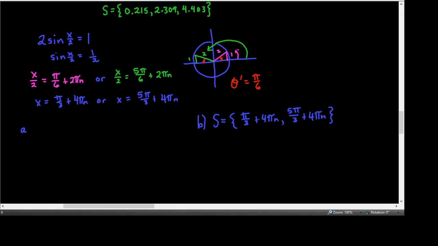Okay, so for part A, to get all the answers between 0 and 2 pi, our basic angle of pi over 3 is good. If I add 4 pi to that, it's going to go well beyond 2 pi, so that's the only answer I get from that. And then 5 pi over 3 is good. Adding 4 pi to that takes me well beyond 2 pi, so those are the only two answers we get in the interval from 0 to 2 pi, namely pi over 3 and 5 pi over 3.